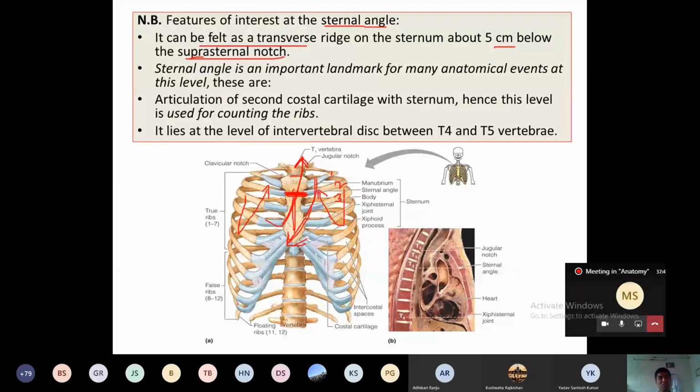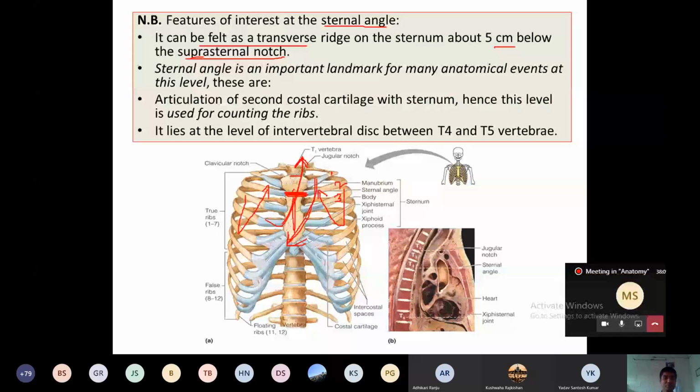During inspiration it will go upward and forward, and during expiration it will go downward and backward. The detail about the respiratory movements we will do later. But today, I have told you just to know how the transverse ridge is formed at the sternal angle.